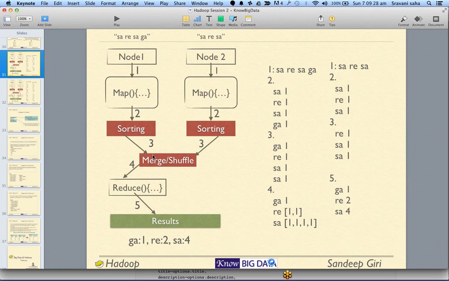Those 100 values will be given to your reduce function, which will aggregate them into a singular value. It is completely up to your reduce code what it does with those values for a key. When I say aggregate, aggregate can be anything you plan to do in your reduce function.